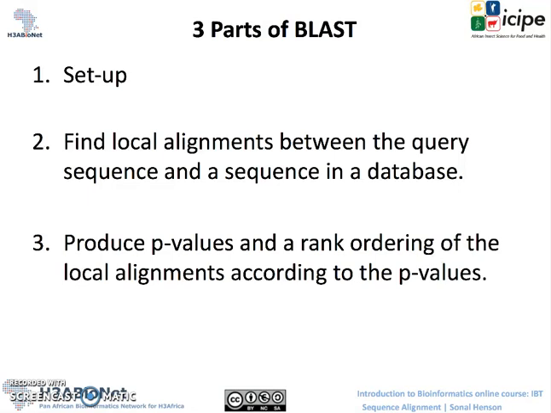And the third part is where p-values are produced for local alignments and the alignments are ranked based on those p-values. The output of BLAST is a list of high-scoring local alignments together with a measure of the probability that such matches would occur by chance.